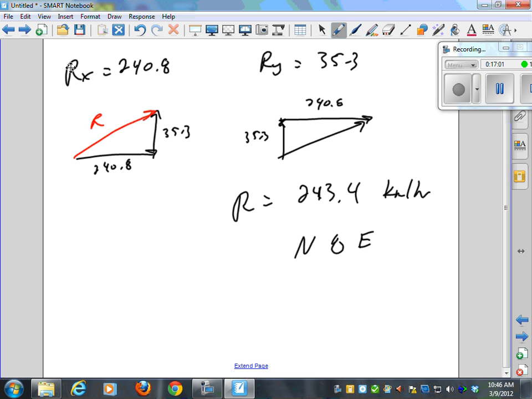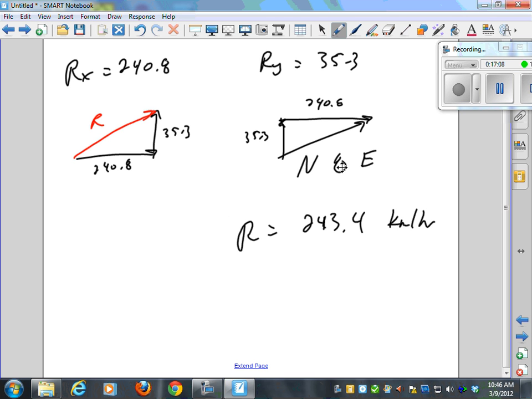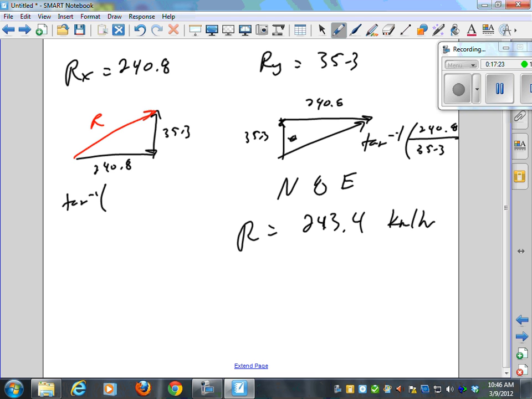This way you're going to get north 8 east, because you're going to take inverse tangent of opposite over adjacent, 240.8 over 35.3. Here, you're going to have it the other way. So this one is north 8 east, and this one is east 82 north. So it just depends. But you wrote west. Okay, for the most part, number 20 was pretty well done.